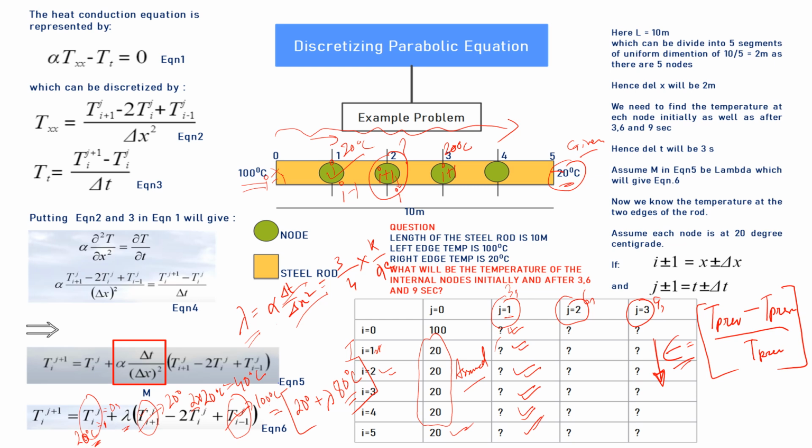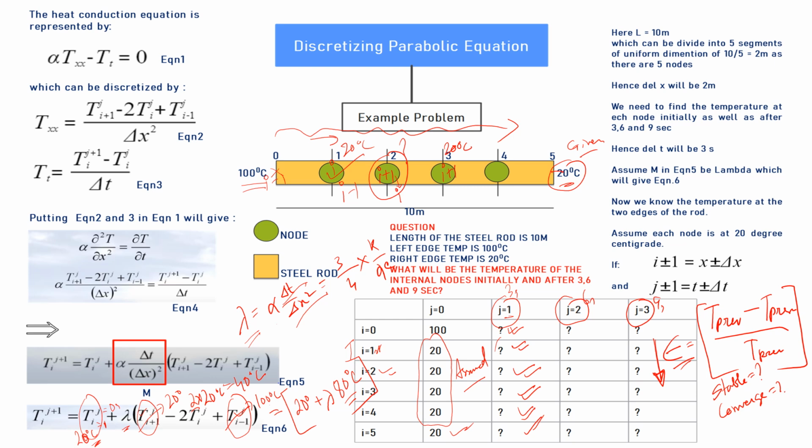Now how can you find out when the solutions are stable, when the solution has converged to the accurate solution? For that, please watch my previous video on convergence and stability of partial solution to partial diffusion.